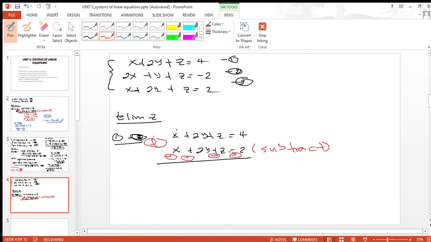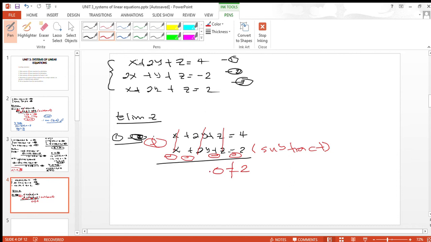But notice x minus x will be 0, 2y minus 2y will be 0, z minus z will be 0, and then we have 4 minus 2 is 2. What happens? We have eliminated all the variables, and then we have an inconsistent equation here. 0 is not equal to 2.